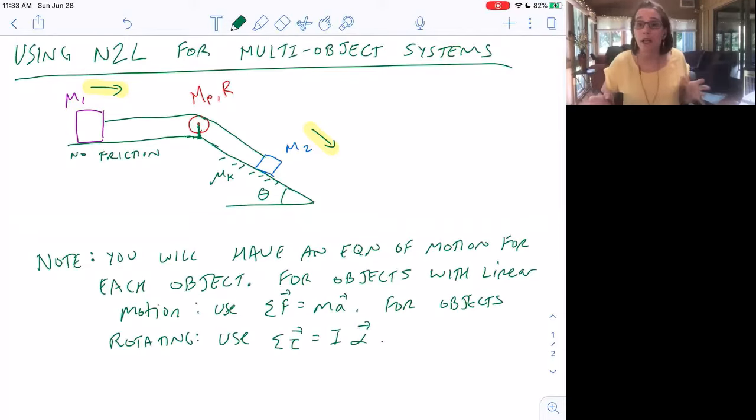So that's it. And then at the end, we're going to see how we can relate those three equations together to actually solve our problem, because one will be in terms of the angular acceleration alpha, and others will be in terms of a linear acceleration of the center of mass, a. Okay, so that's the overall goal.